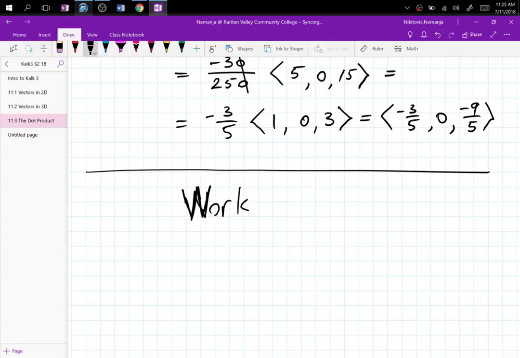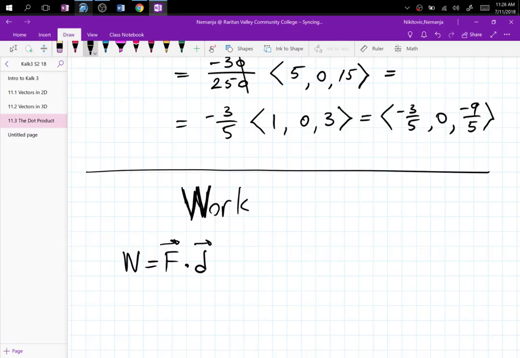How about some physics? Exactly. So work is defined as force times the distance. Force is a vector, distance is a vector, because you are going to go 5 meters that way or 5 meters that way.